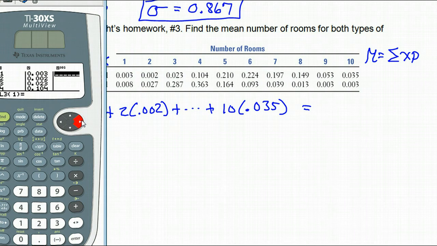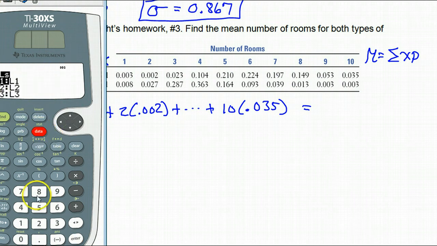Then in list 3, here's where I do the formula. I need the sum of all my x's times p's. So I will hit data, arrow over to formula, hit enter to add a formula. It's asking what I want L3 to be. Well, I want x's times p's, so that's list 1 times list 2.